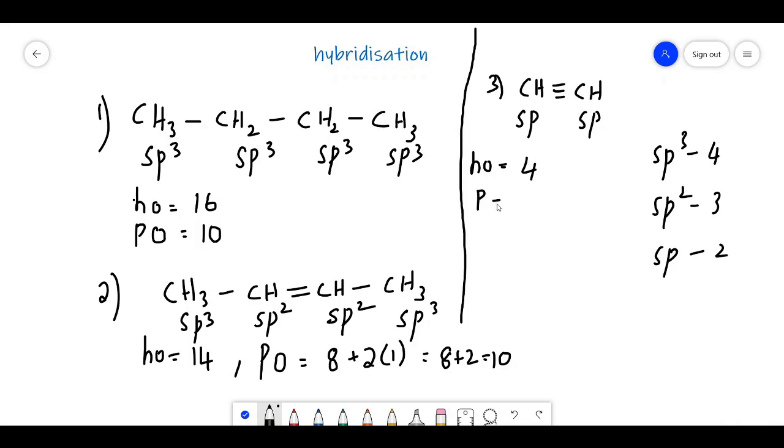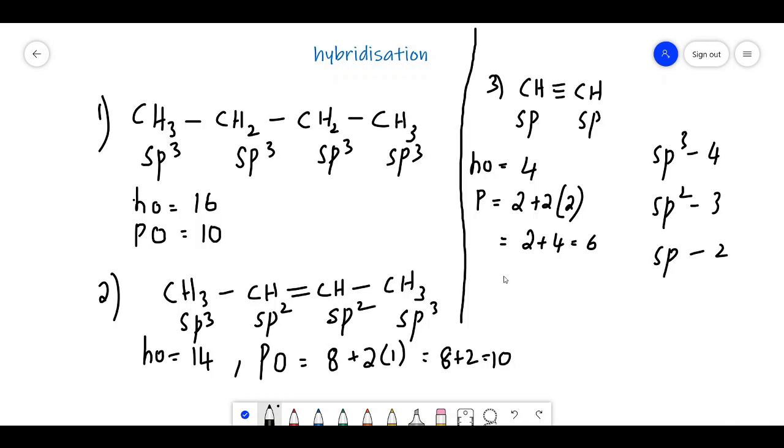For the number of pure orbitals, see the number of hydrogens: 2 hydrogens plus 2 into the number of pi bonds. 2 pi bonds are there, so it is 2 into 2. So 2 plus 4 is 6. So the number of hybrid orbitals is 4 and the number of pure orbitals is 6.